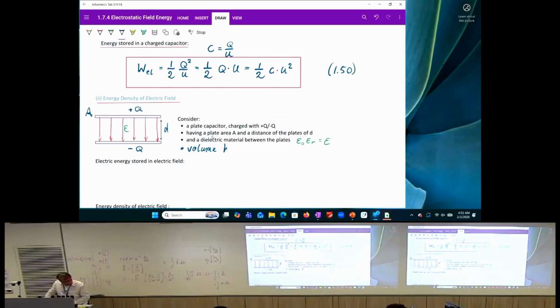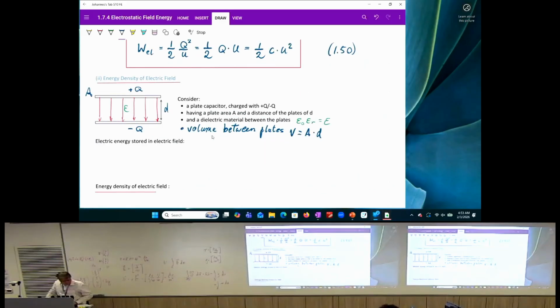So we have a volume between the plates, and that volume is given by the area of the plate times the separation of these plates. Also we have our surface charge, which is given by the charge on the plate over the area, and that gives us our flux density.